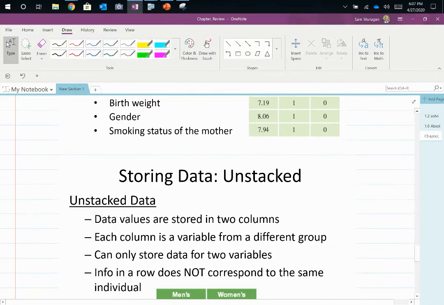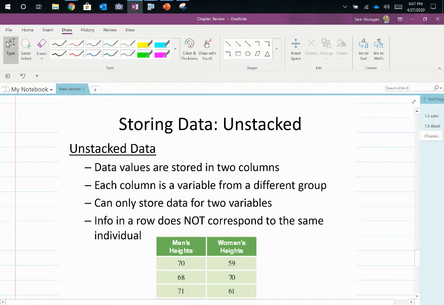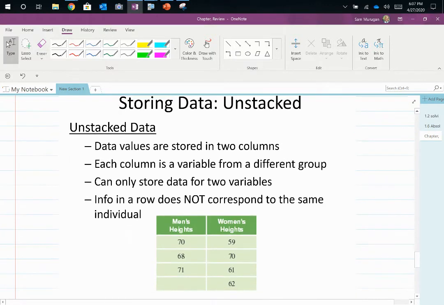Okay. Unstacked data, very different. The values are stored in 2 columns. Each column is a variable from a different group. And notice here, you can only store data for 2 variables.